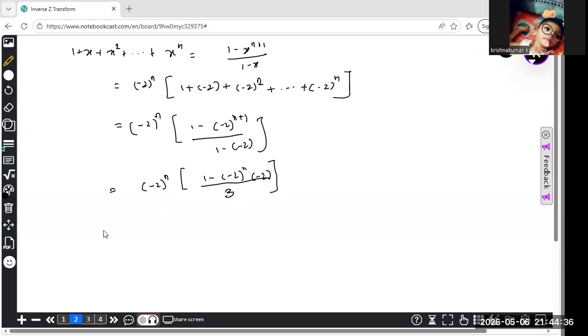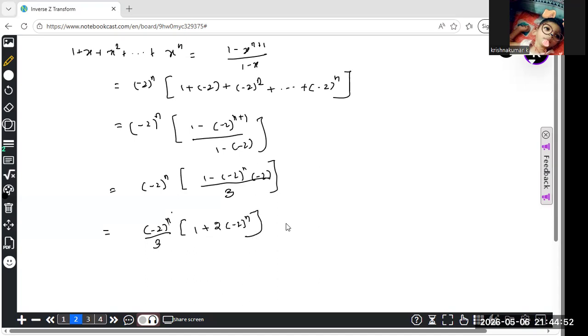If you simplify this, you get (1 plus 2 times (minus 2) power n) divided by 3.